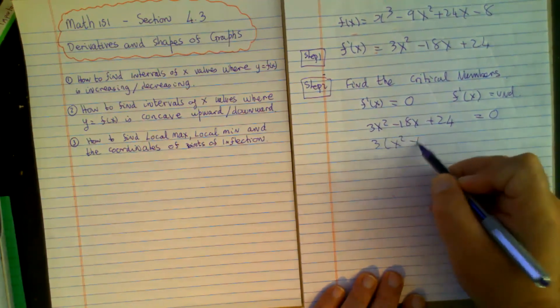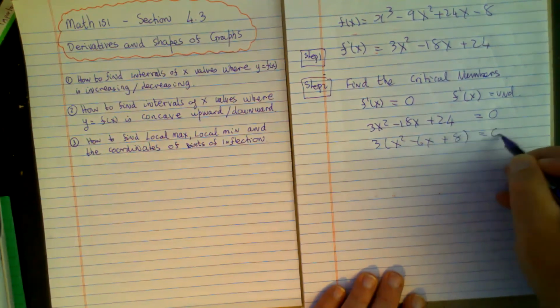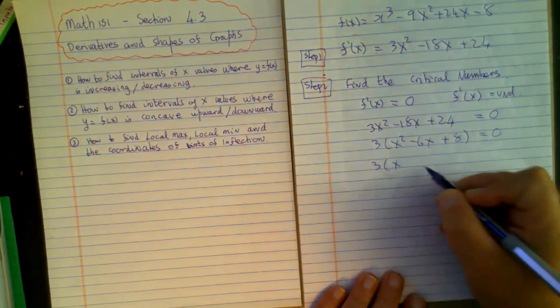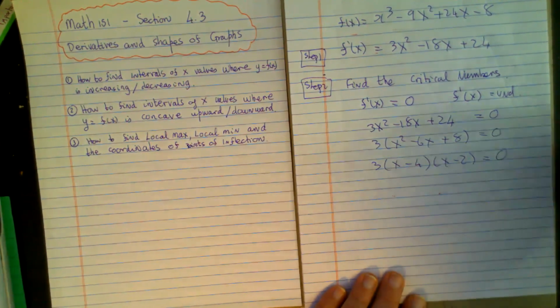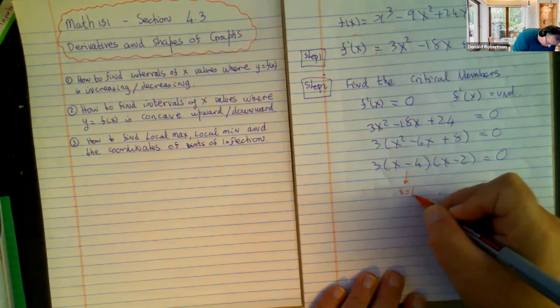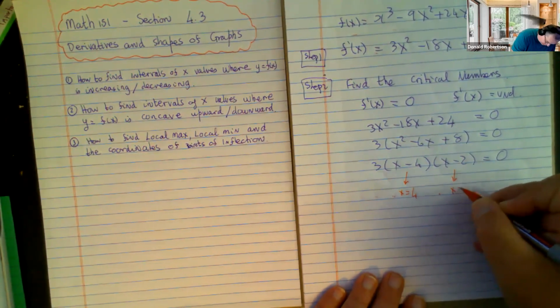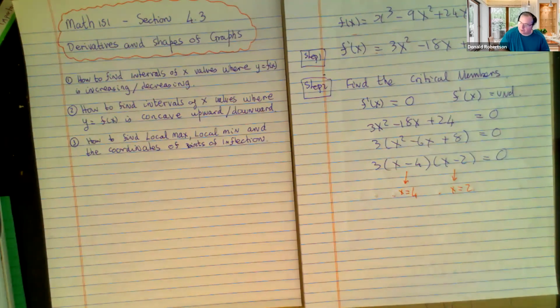And that's going to give you x minus 4 times x minus 2. And what we have just found are the only two critical numbers for this function. Would you agree there's no place where it's undefined, so I'm not going to look for it.